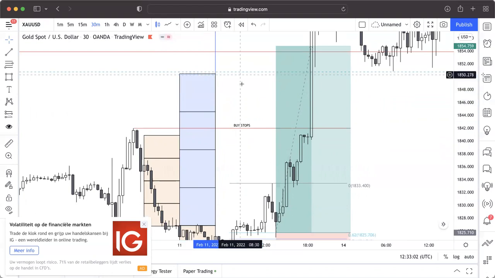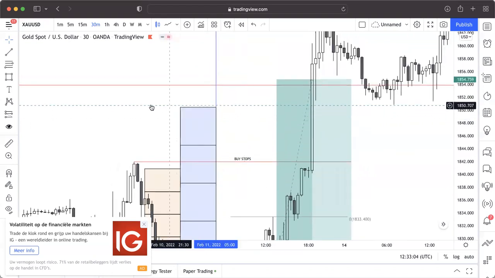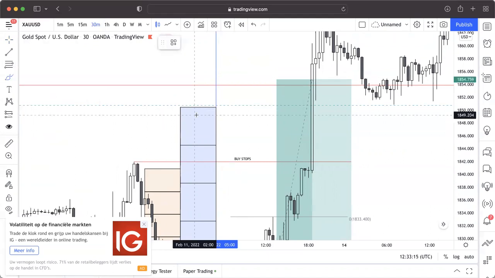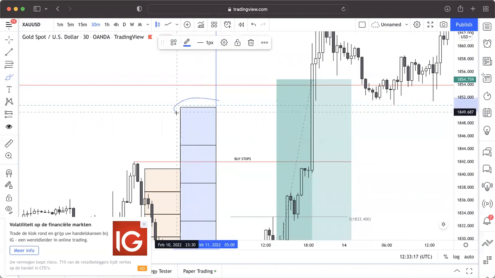Okay, and now I'm just looking at this horizontal line. I'm not sure what this is, but I'm pretty sure it's the fair value gap. And I believe in this case, the confluence would be for the market to match with this fair value gap.